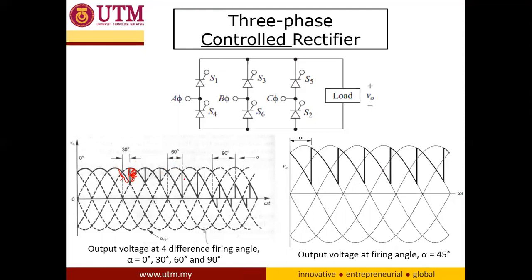If you have 60 degrees, the output voltage should be this part, and if you have 90 degrees, you will have only this part.